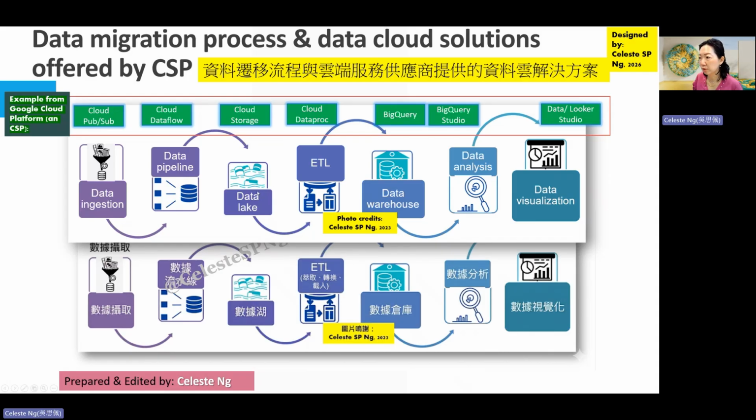Therefore, in order to allow all this massive amount of data to be processed, we need to do another process called ETL. ETL is a mechanism that allows the data to be extracted, cleaned, and transformed to a structured format so that it can be loaded into our data warehouse.